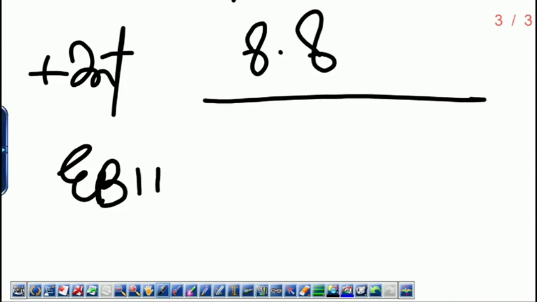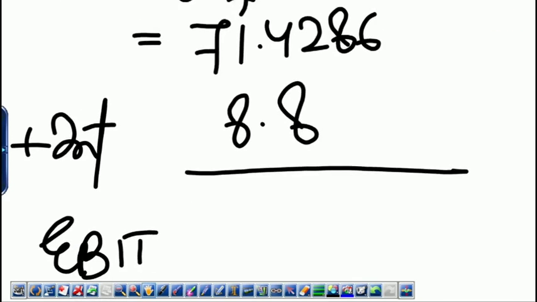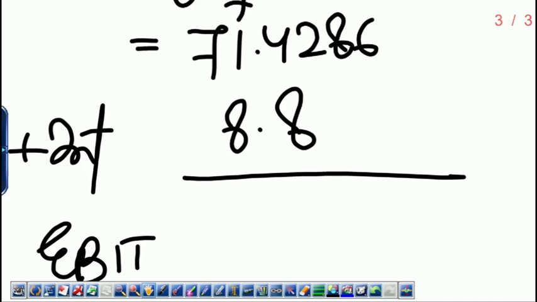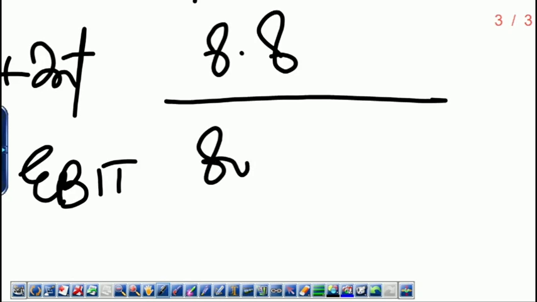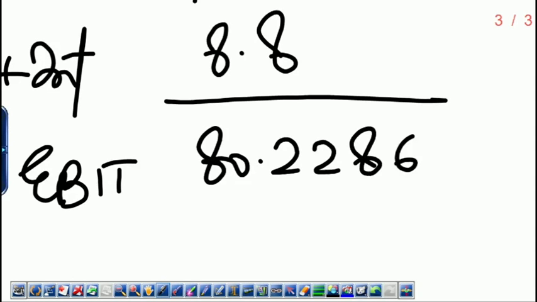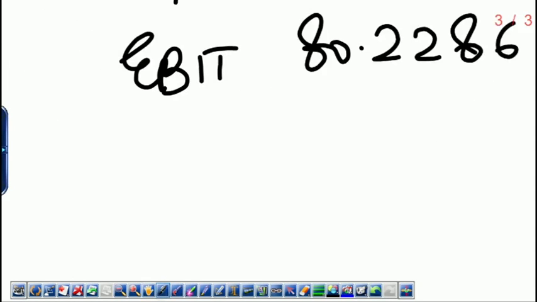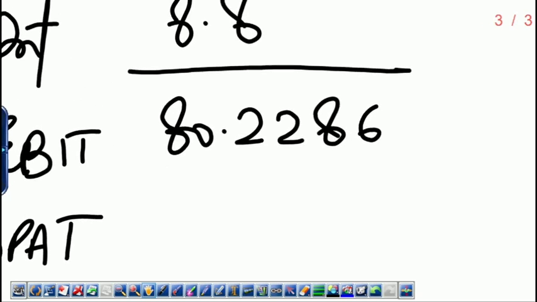EBIT is 71.4286 plus 8.8, which is 80.2286. And then you do NOPAT. NOPAT is EBIT into 1 minus T. So 70% of this amount, 80.2286 into 70%, is 56.16.